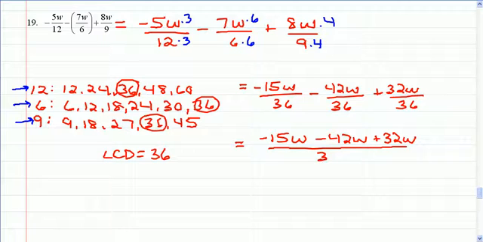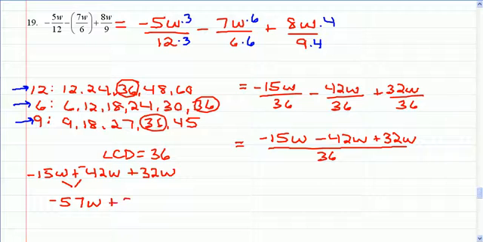And I've changed all of my denominators into a 36, and now I can write one fraction all over 36. And if I write down my numerator, negative 15w minus 42w plus 32w, I take 2 numbers at a time starting from the left, and since I'm subtracting with negative signs, I do keep, change, change. So negative 15w plus negative 42w is equal to negative 57w.